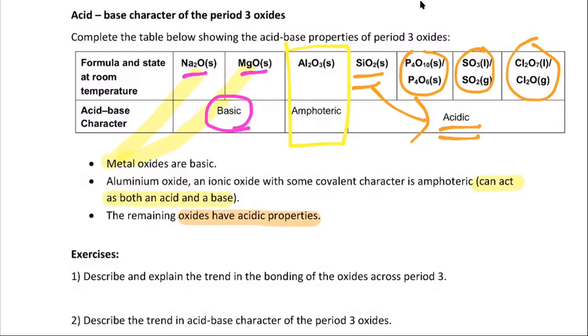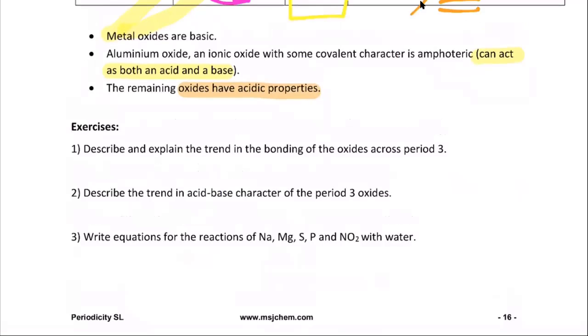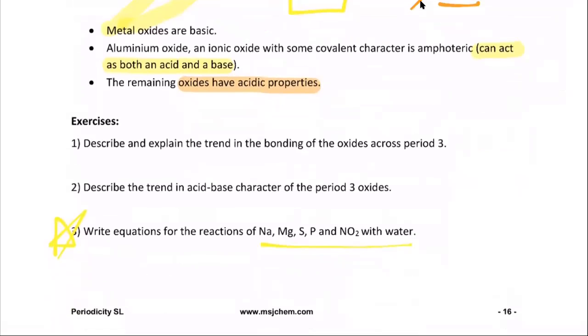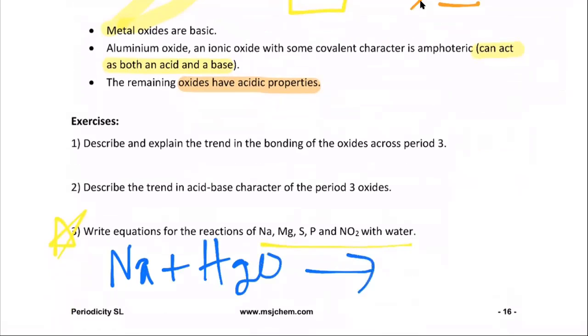Okay. So what that means, because down here, one of the things it's going to ask you is to write equations for the reactions of these things with water. Okay. So what that means is if I have sodium and it reacts with water, it's going to make a base, because I just got done telling you that sodium is basic.